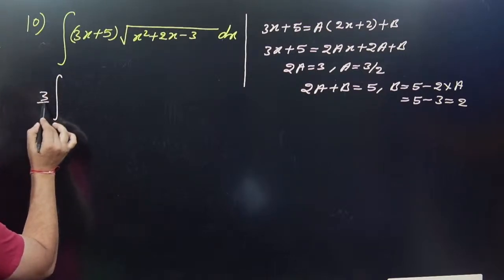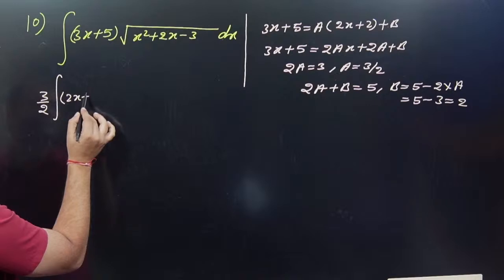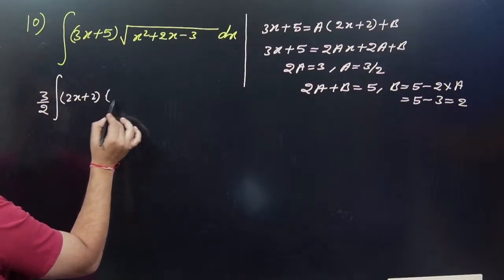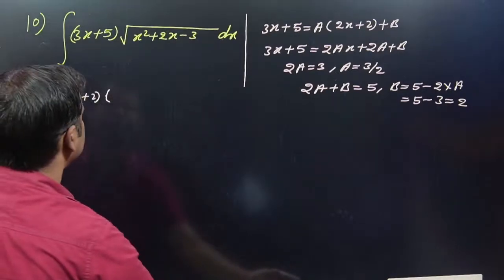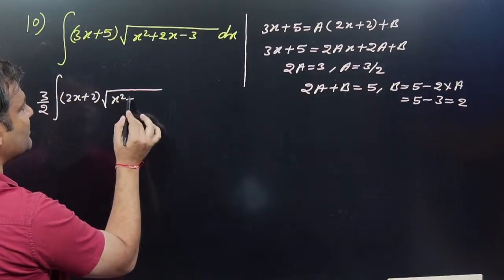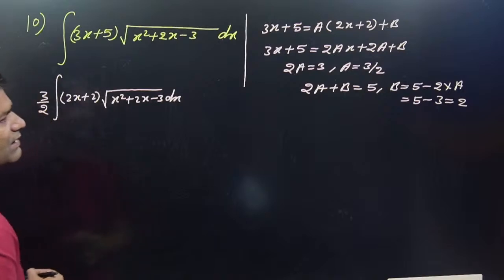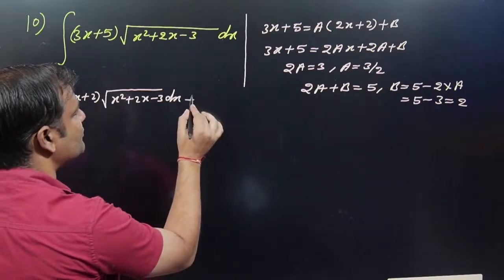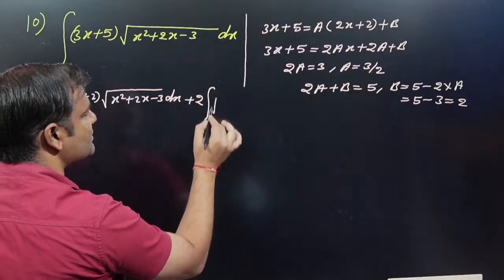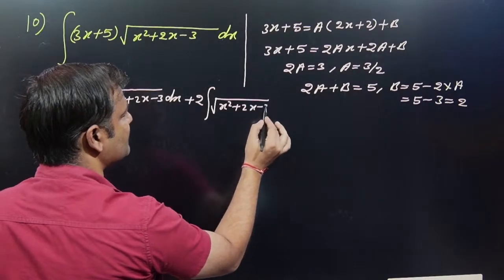So written 3 by 2 into 2x plus 2 into under root x square plus 2x minus 3 dx. Okay, b is 2. So 2 into the integration of x square plus 2x minus 3 into dx.